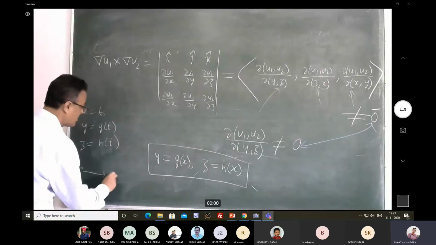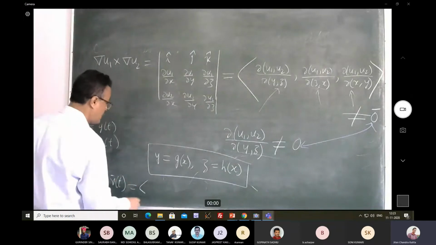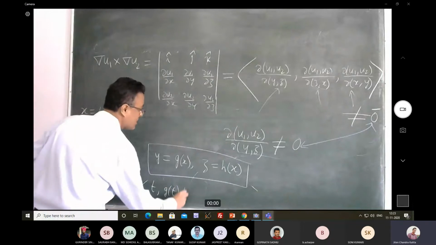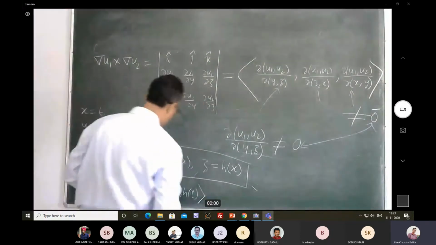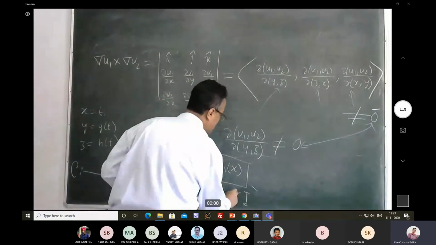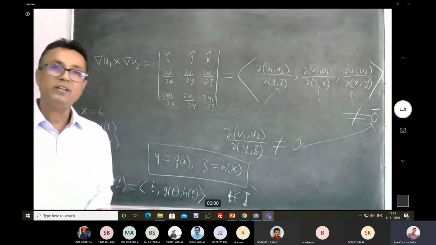Through a vector r(t) given by (t, g(t), h(t)) in space for t in some interval I. Is it okay? Fine.